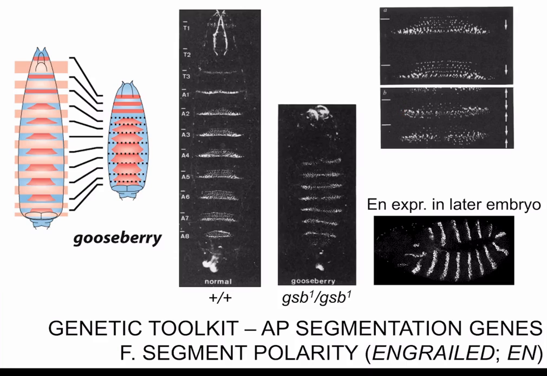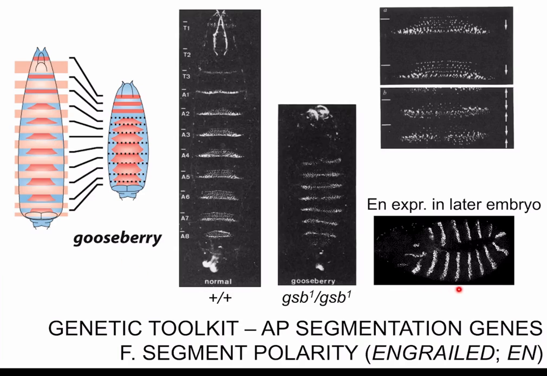And therefore, the segment polarity genes do not cause a change in the number of segments, but they change the polarity, which is, they change which part of the segment is anterior, the closer to the head or pointing towards the head, and which part of the segment is posterior or closer to the tail.